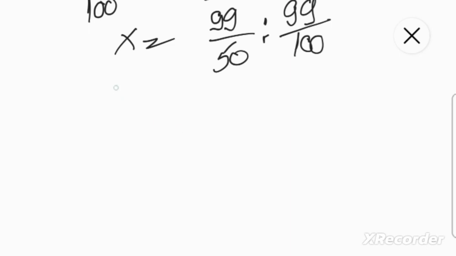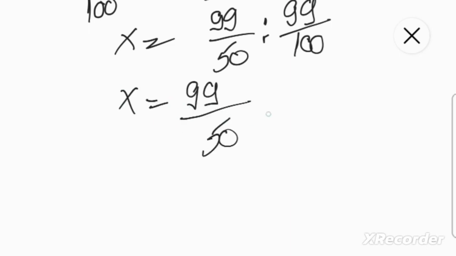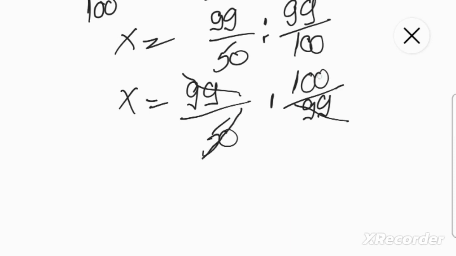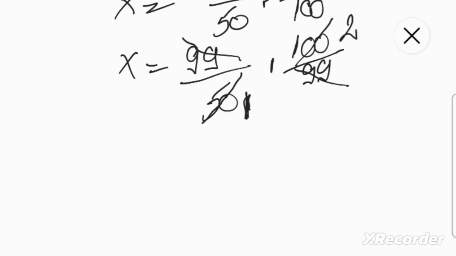We write the first fraction, yes, multiplied with the second one, inverted. So in here we simplify 99 with 99, and also we simplify 50 with 100 by 50. So it results that our x equals 2.